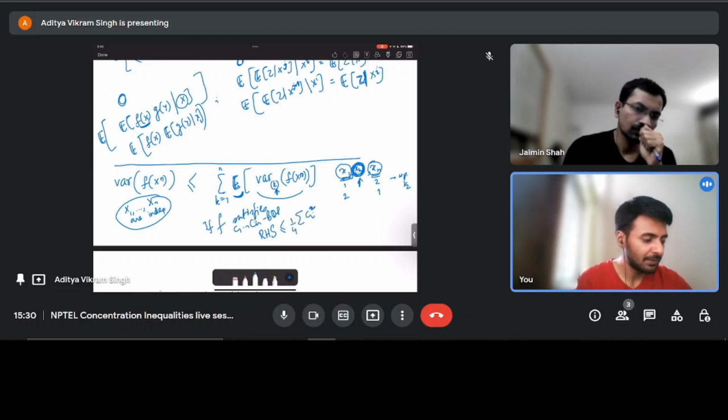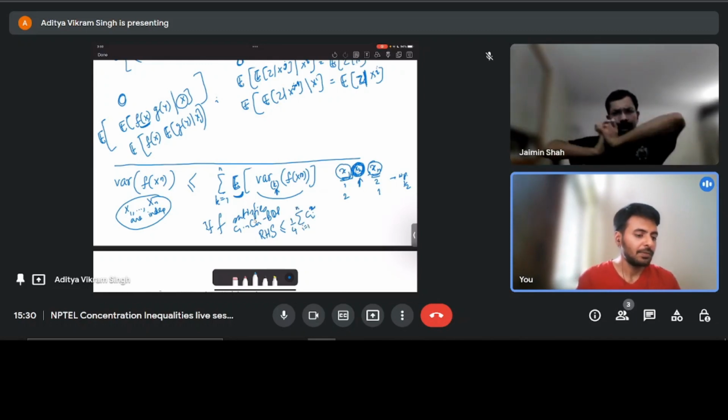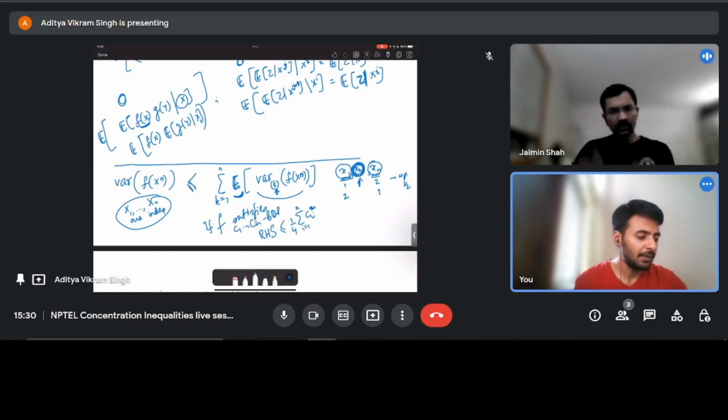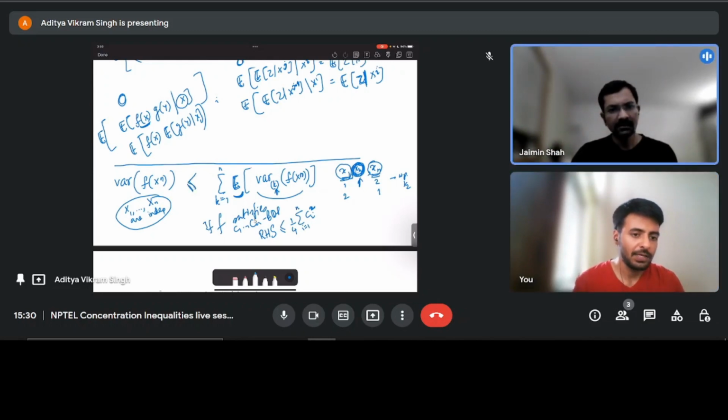So this is a general formula, and only independence is required. There is no other requirement.